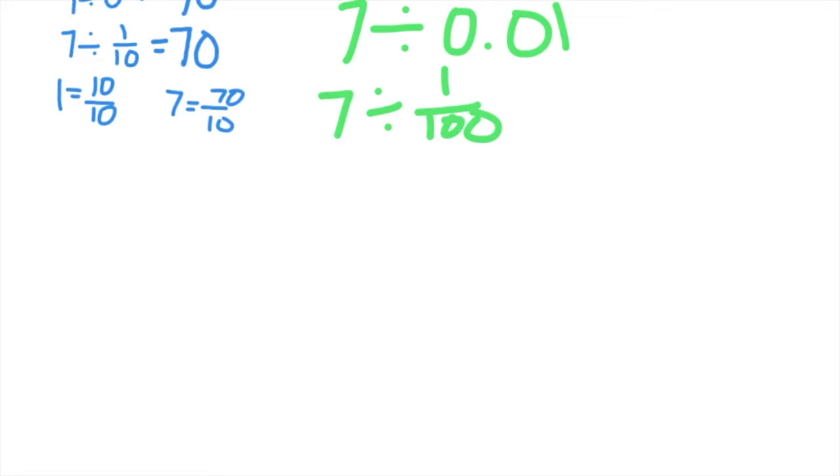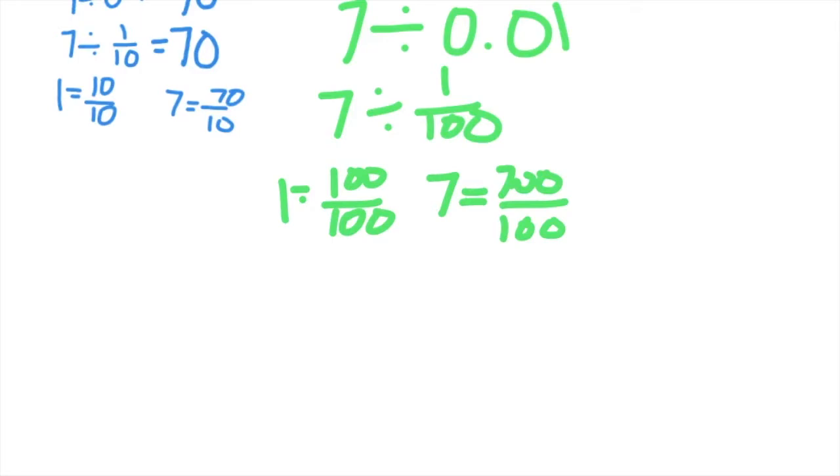Well, in one whole there's 100 1/100ths. So in 7 wholes, we're going to multiply by 7, and that would give us 700 hundredths. So our answer to 7 divided by 1/100th is 700 total hundredths.